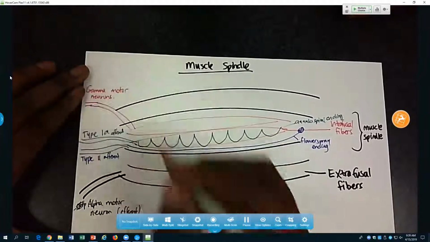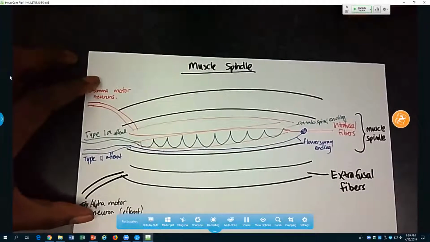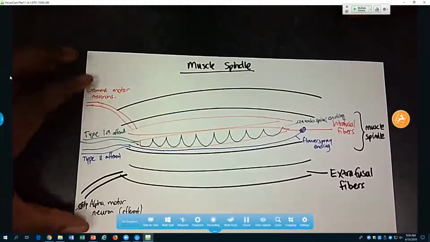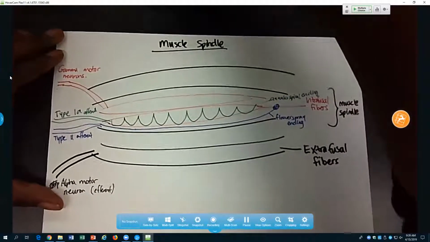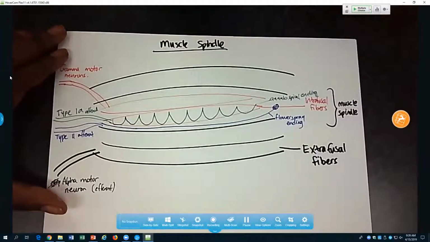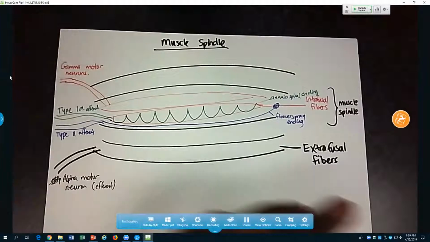This difference is important in a minute. We know that alpha motor neurons and gamma motor neurons have a different speed of conduction. Alrighty, so this is the structure of the muscle spindle.